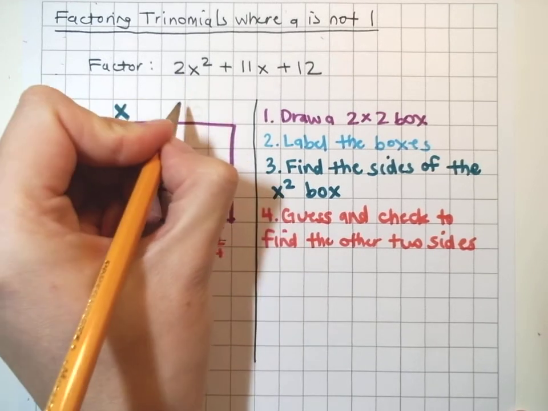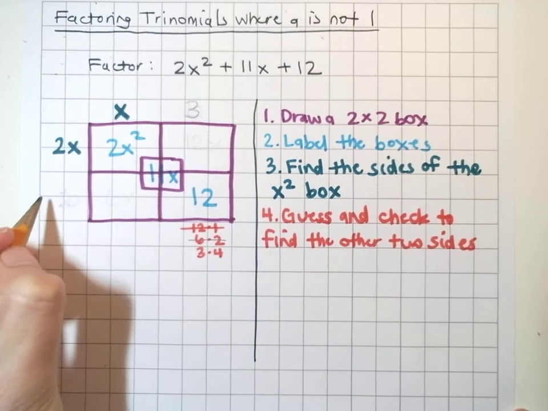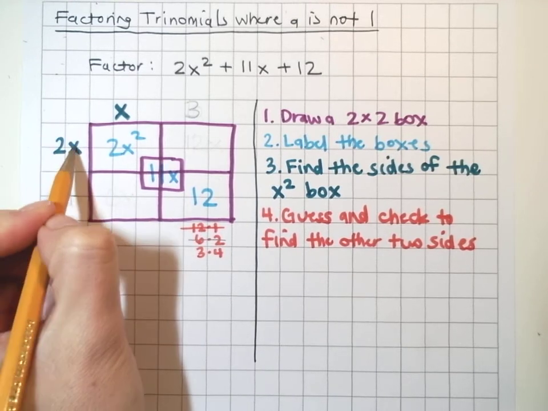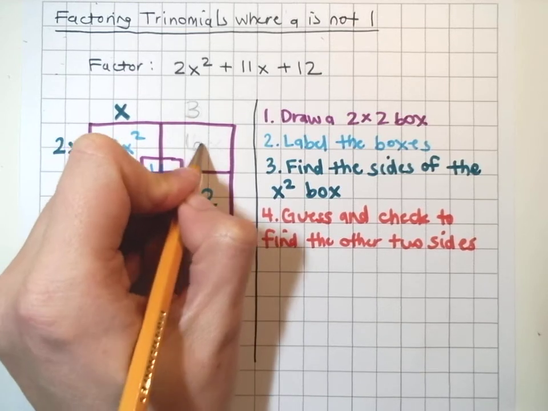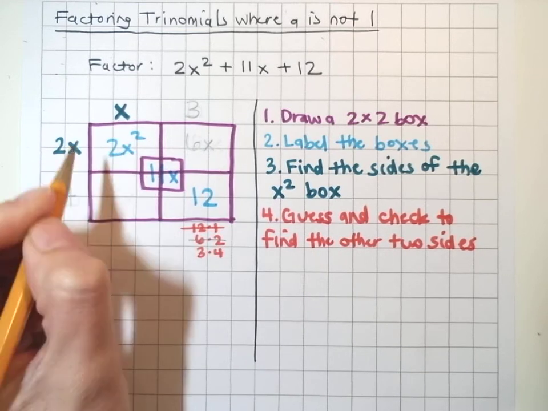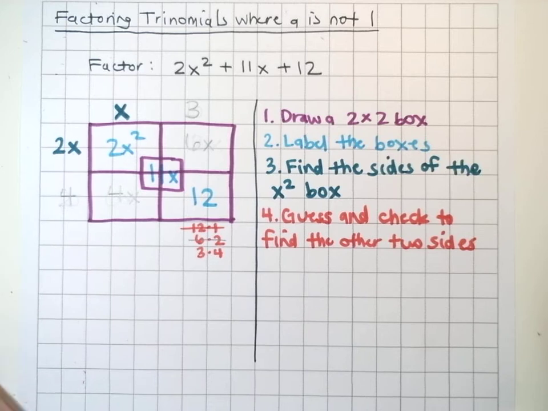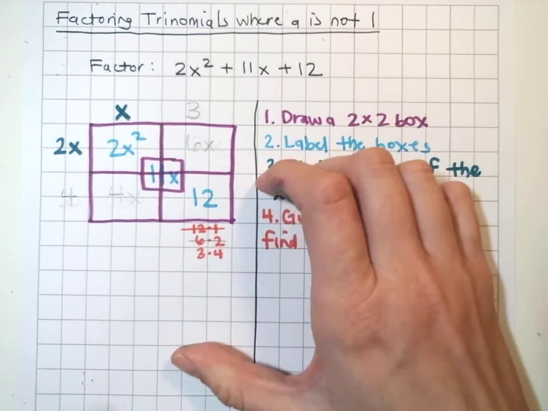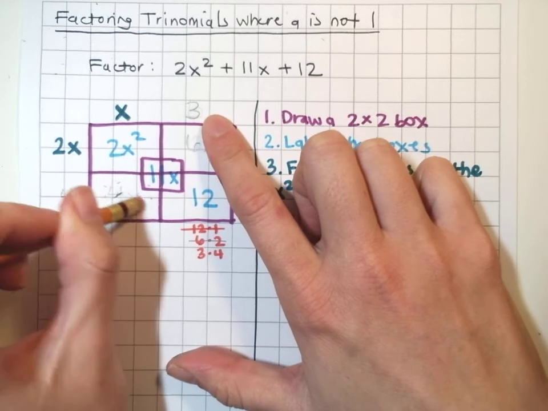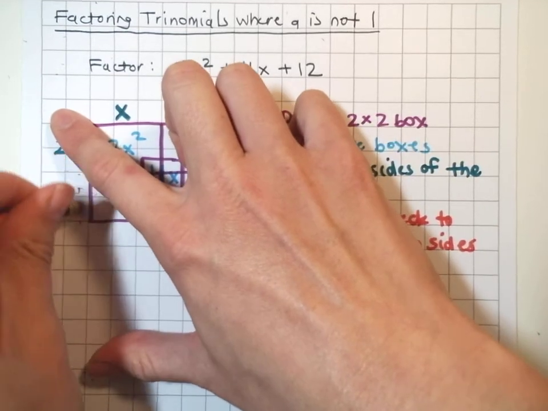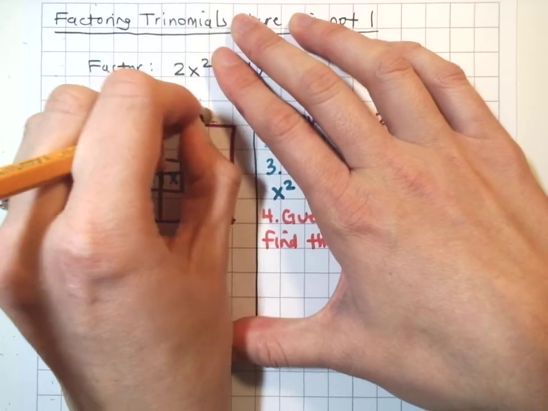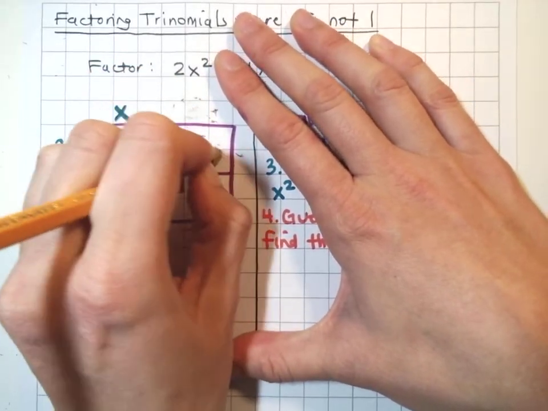So let's see, if we put a 3 here, I'm just going to guess because we're just guessing and checking, and a 4 here. 2x times 3x would give me 6x, and 4 times x would give me 4x. Uh-oh, 6x and 4x only adds to 10x. That doesn't work. And once you start practicing, you'll be able to do a lot of this mentally.